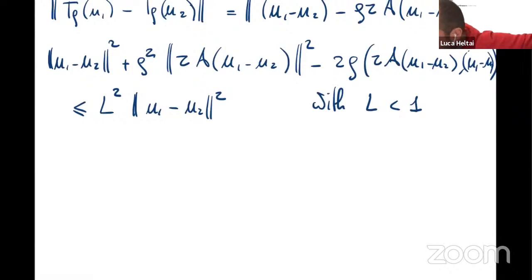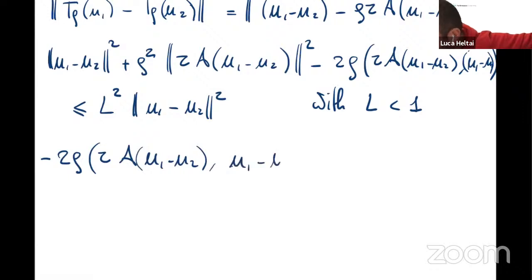And the thing that I wanted to point out at this point, where I got confused, is that if you have minus 2 rho with the scalar product between tau and A of U1 minus U2 with U1 minus U2, okay?